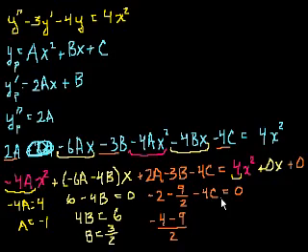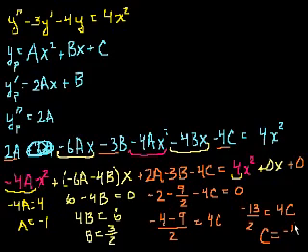And then we could take the 4c, put it on that side. And that's minus 4 minus 9, that's minus 13 over 2, is equal to 4c. Divide both sides by 4, and you get c is equal to minus 13 over 8. And I think I haven't made a careless mistake.